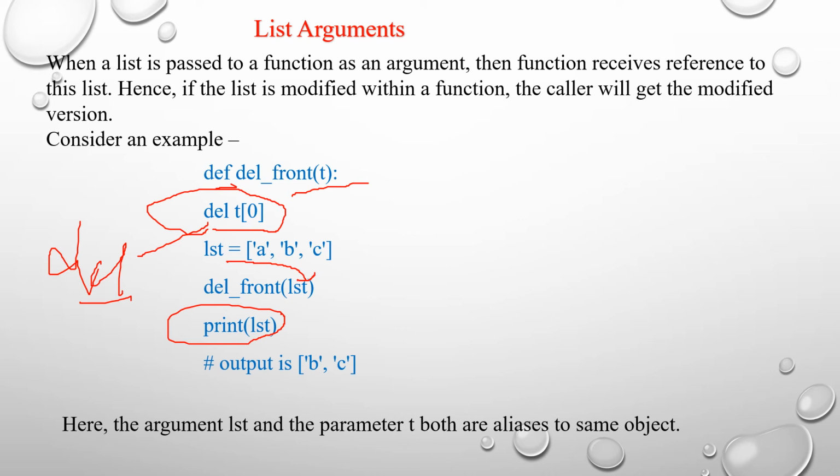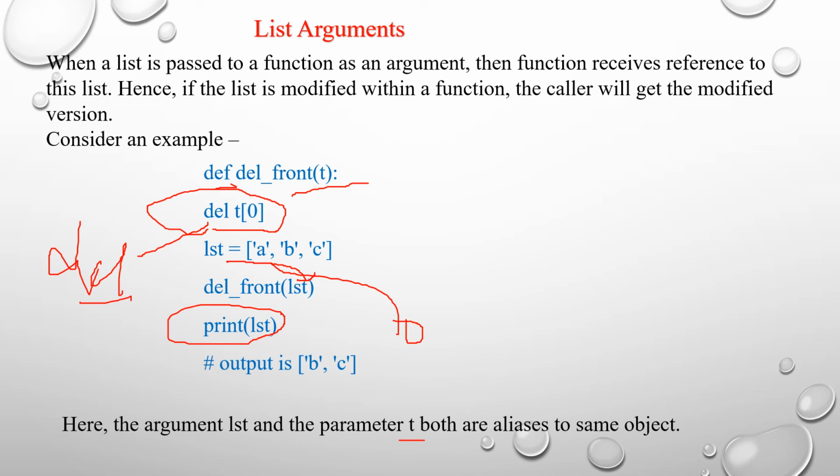Here I'm using the delete operator, and the index value is 0. The 0th indexing element is a, so a is deleted. Here the argument lst and the parameter t are both aliased to the same object.